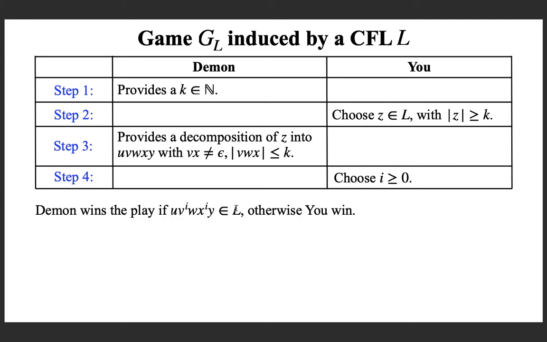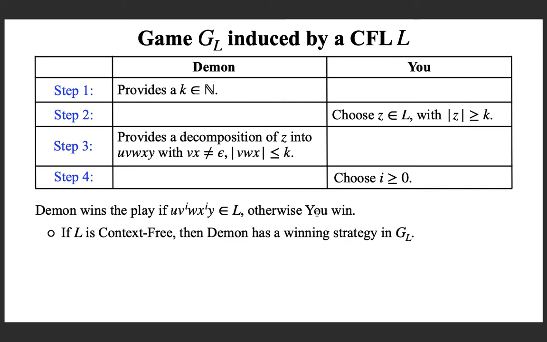So if it is in the language, your opponent wins, because you are trying to prove that it is non-context-free. Otherwise, that means this is not in the language, then you win, because based on the pumping lemma and the contrapositive, when it is not in the language, that means negation Q is true, and hence negation P must be true, that means the language is non-context-free.